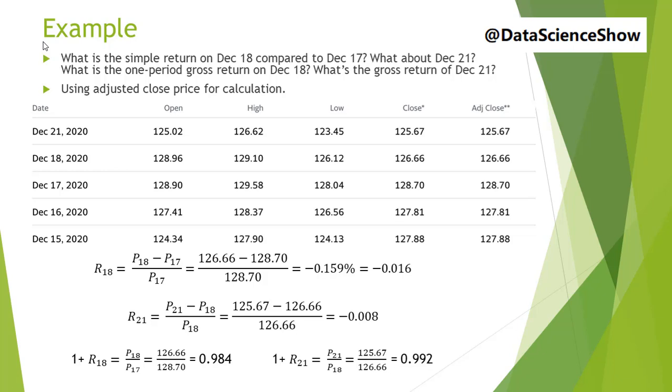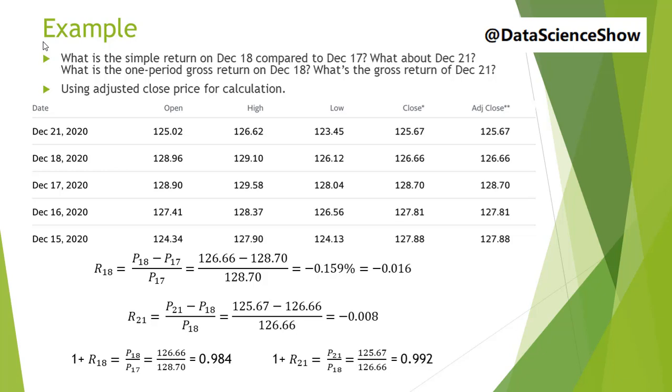Close price is the price we can immediately see in the market when the market closes. The adjusted close price takes dividends, other incomes, capital gains out of the close price. We subtract the dividends and the capital gains from the close price to get the adjusted close price.